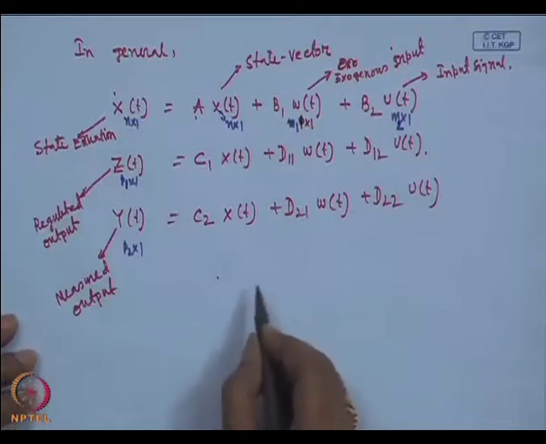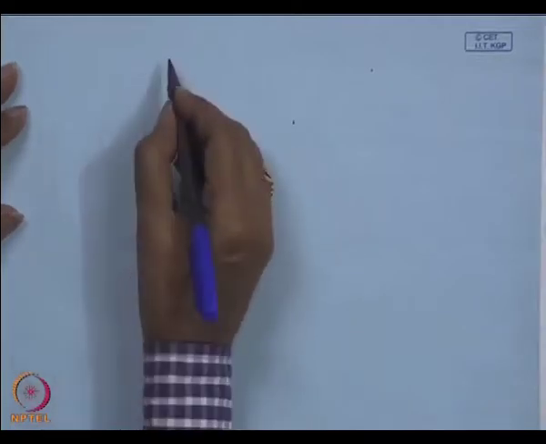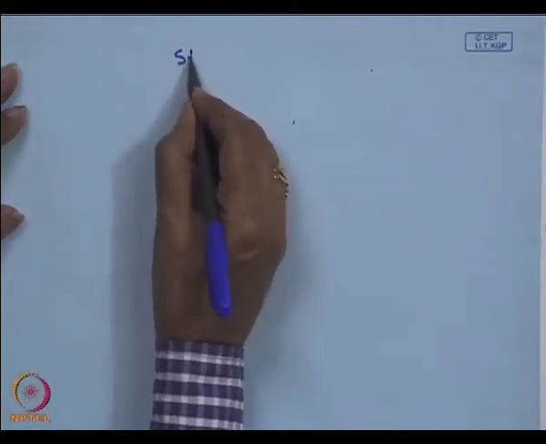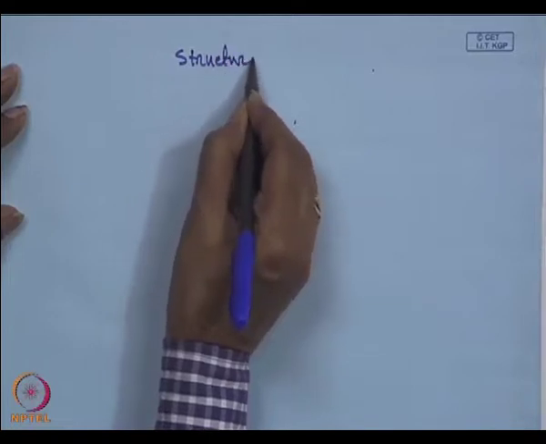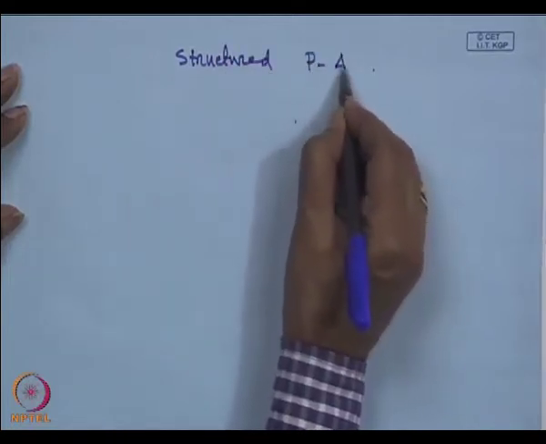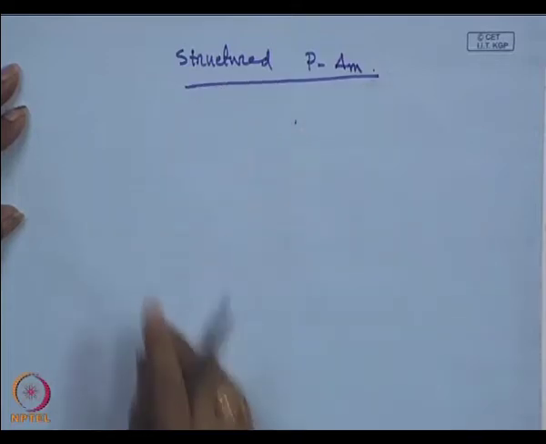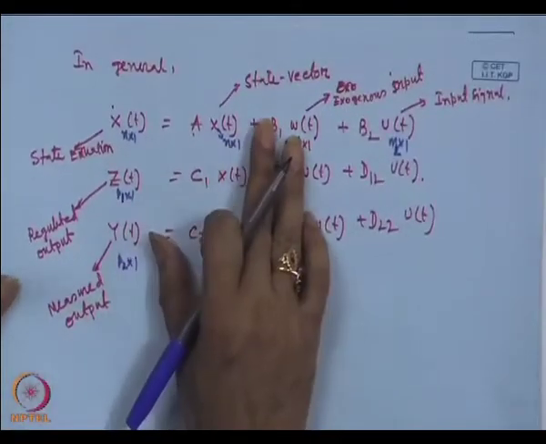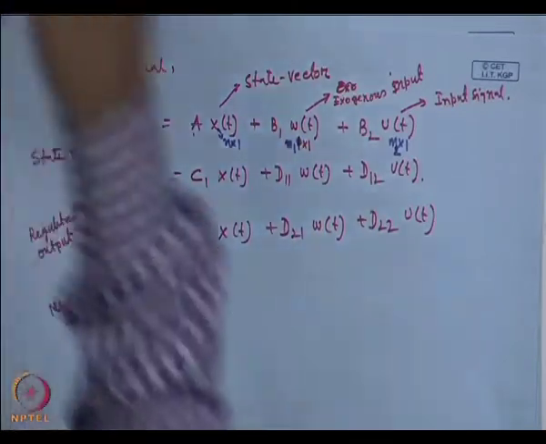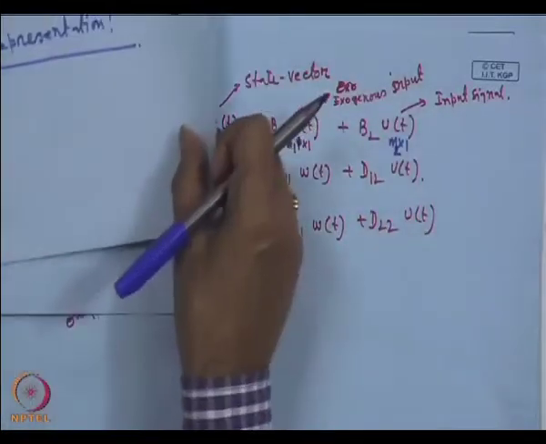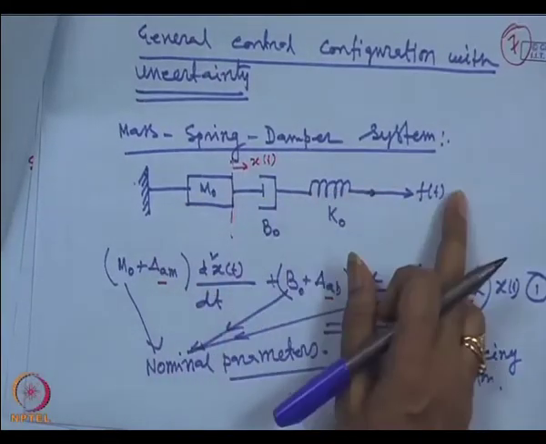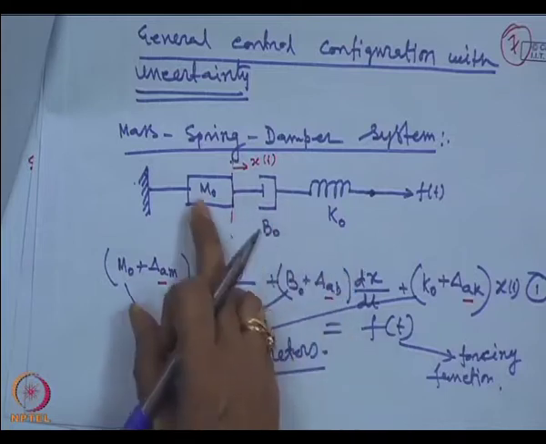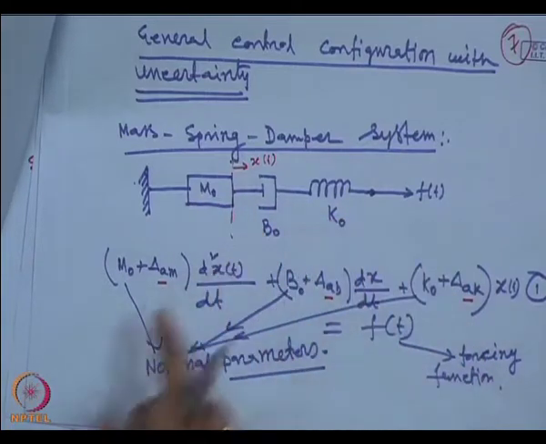So, now we are going to the structured P-delta form. If you recollect, our actual system was the spring mass damper system, and the nominal plant is m0, k0 and b0.